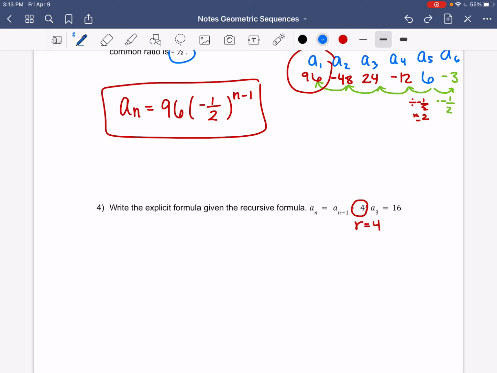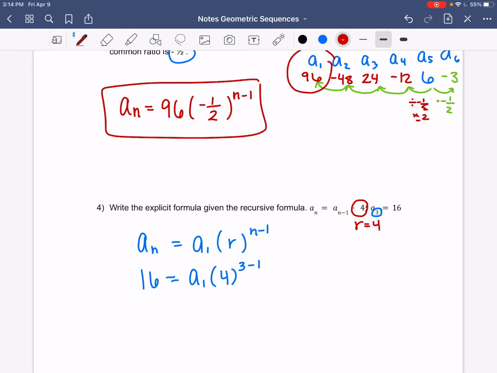I'm going to give you a different way of finding it than I did in the last example. When they give you a sub 3 equals 16, that's a sub n is 16. Your 1st term is what we don't know yet, but we're going to need it to write the explicit formula. Your common ratio is 4, and the number you would plug in, the term number that gives us 16, would be 3. That's your n.